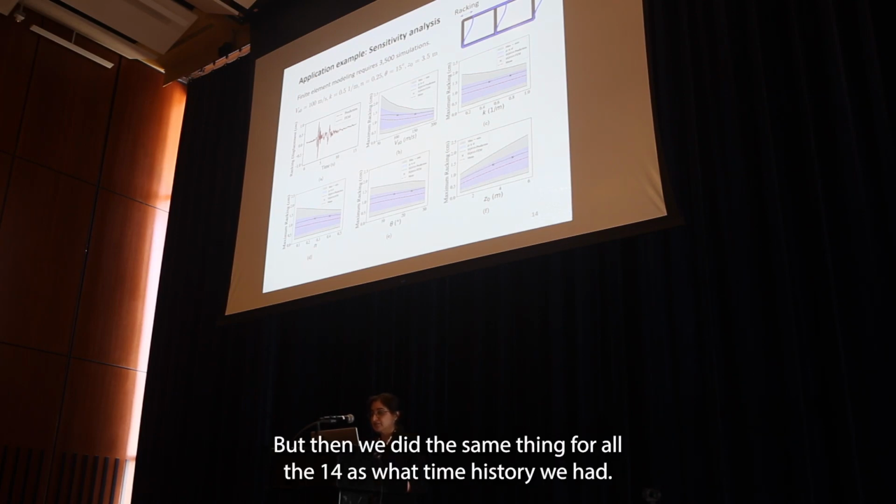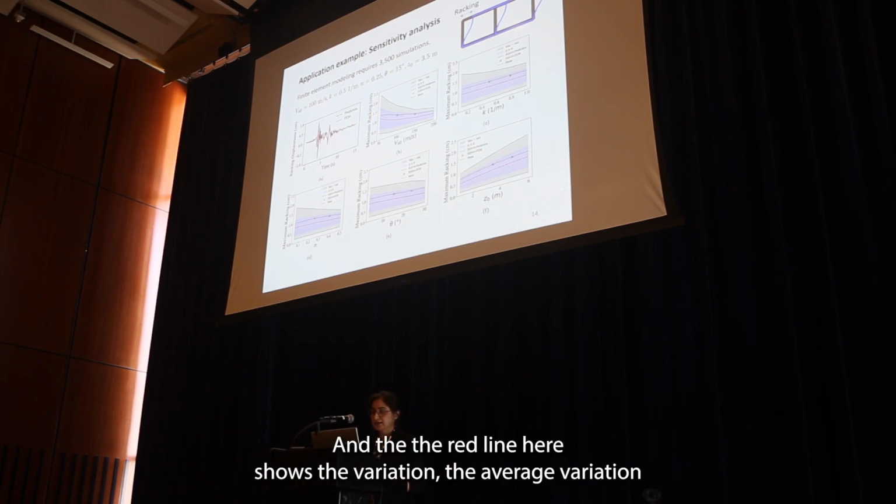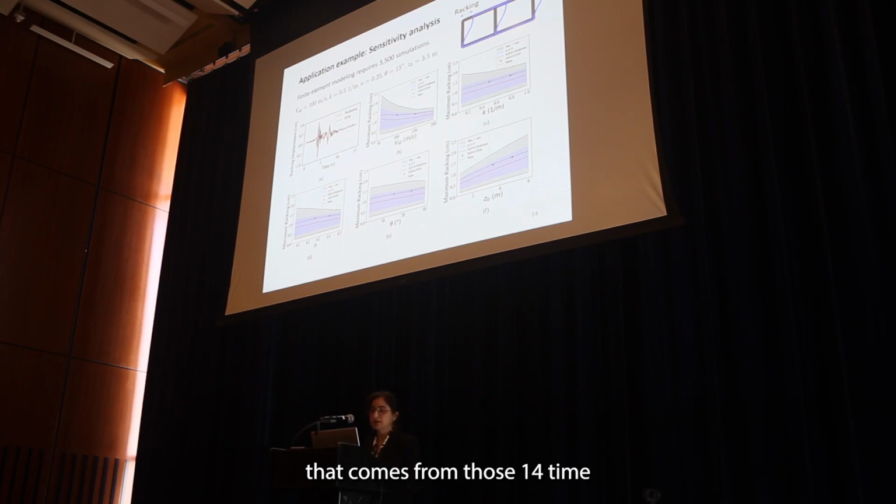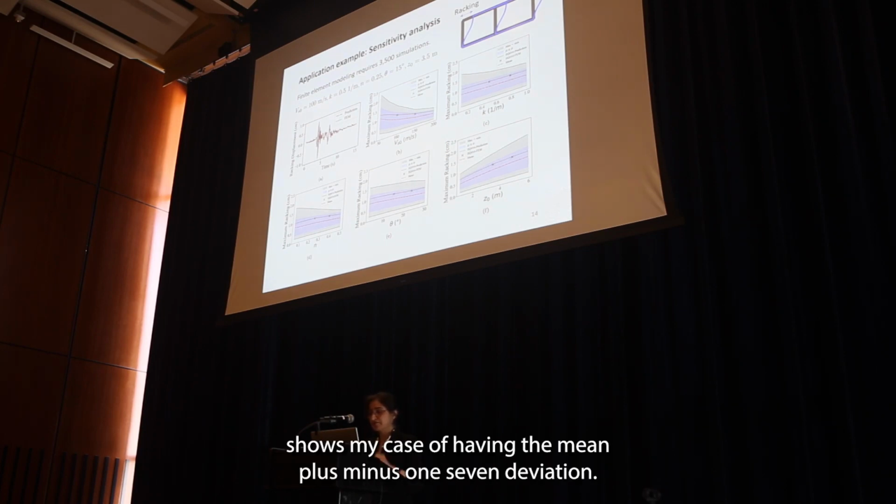After doing that, we did the same thing for all the 14 earthquake time histories we had, and the red line here shows the average variation that comes from those 14 time histories, and this blue shaded area shows the mean plus minus 1 standard deviation.